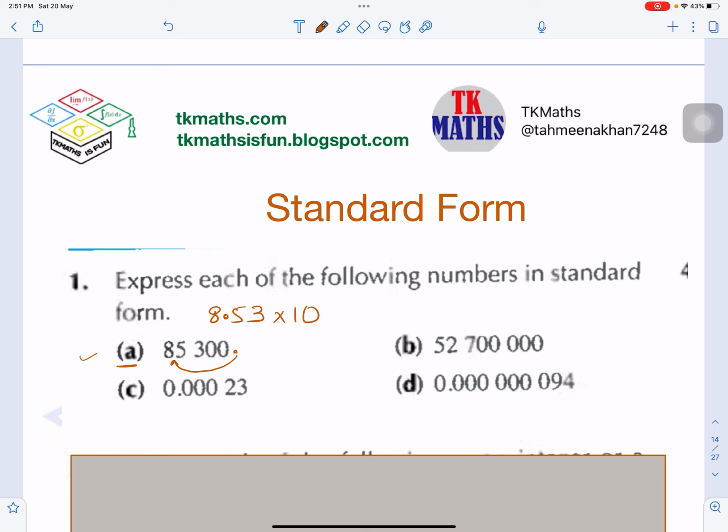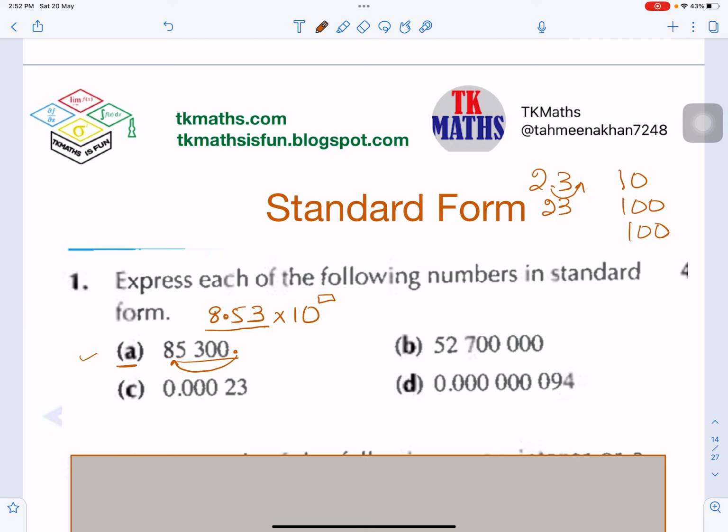When we multiply a number by 10, 100, 1000, the number becomes bigger, right? So if I have 2.3 and I multiply by 10, it will become 23, right? The decimal moves right. In this case, 8.53, you want to multiply it by 10 power something so that it is equivalent to 85,300.